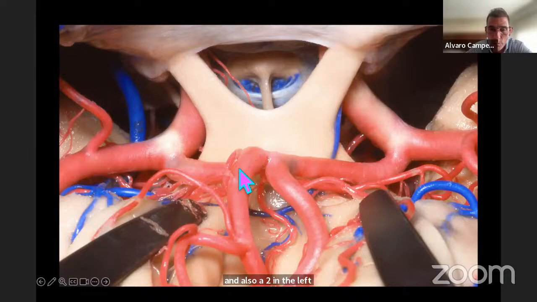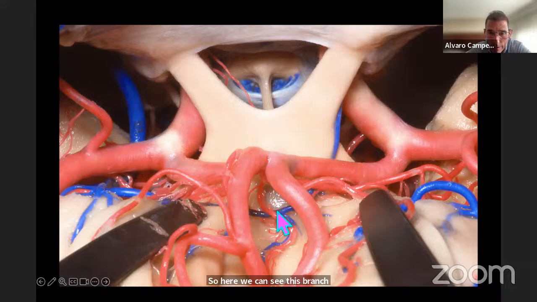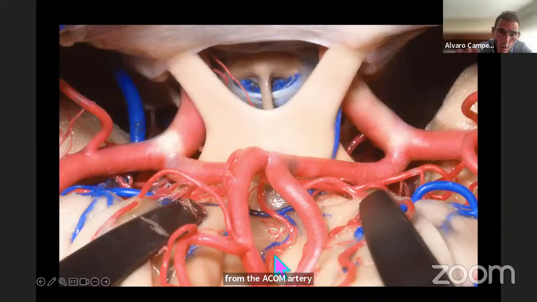This is the post-communicating or infracallosal A2. Here we can see this branch from the ACom artery, and this is the subcallosal artery that goes mainly to the inferior portion of the rostrum of the corpus callosum.